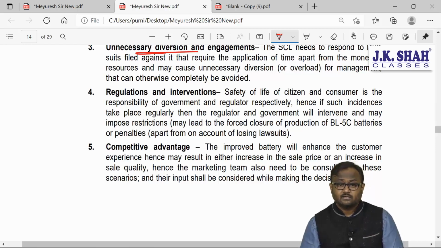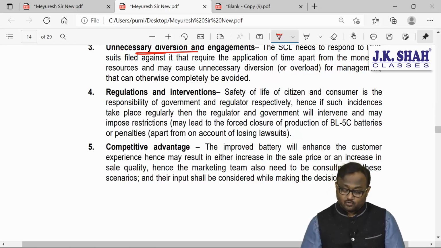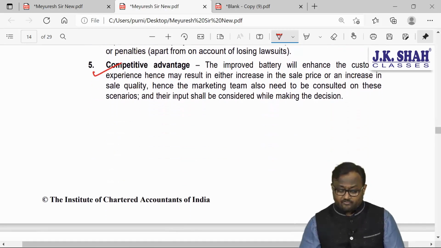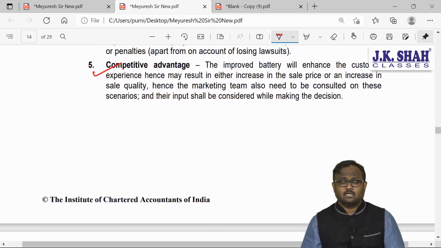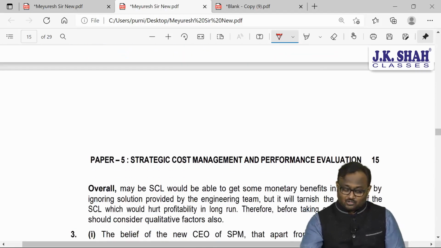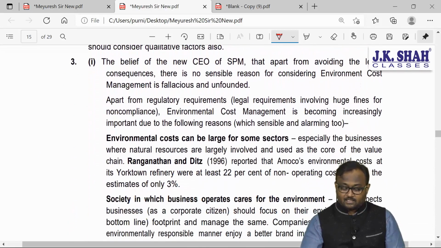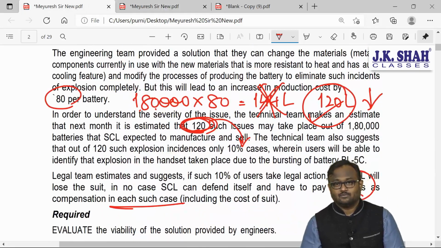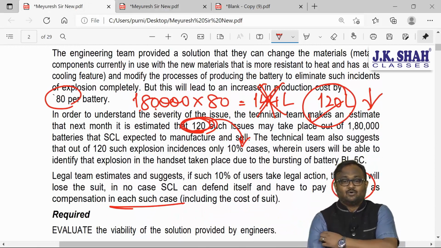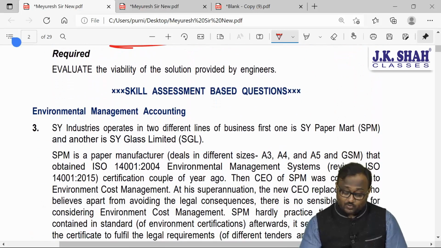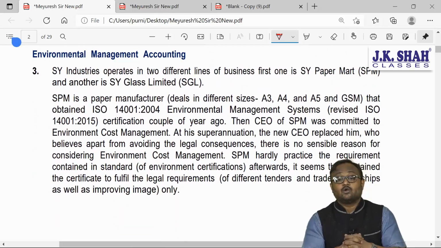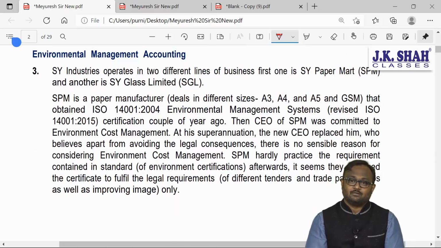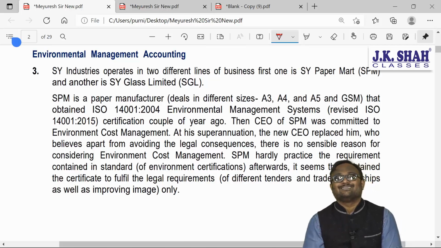Then the government may put regulation on you and your competitors will kill you. They will have n number of things to say, and the most important is the safety issue. So after considering all this, I think we should follow what the engineers have said. All these factors need to be considered, because you cannot simply rely on financial matters. That was your question number 2, guys.